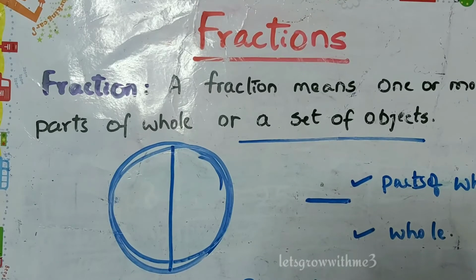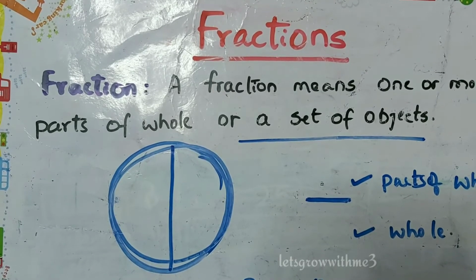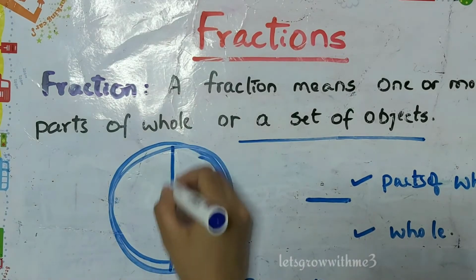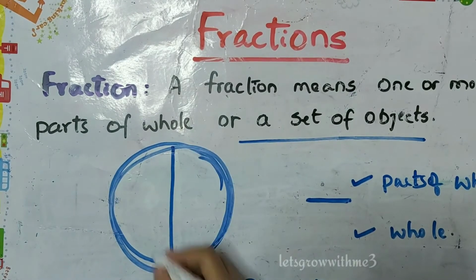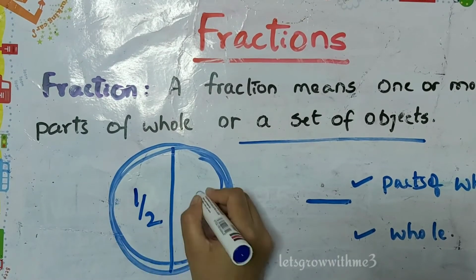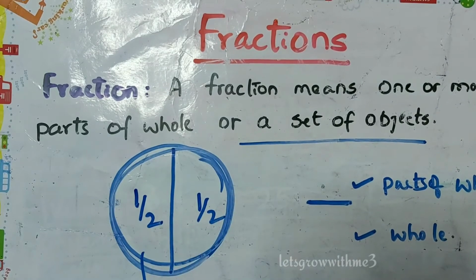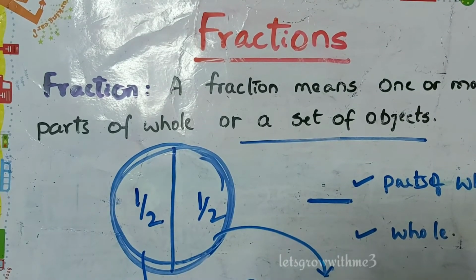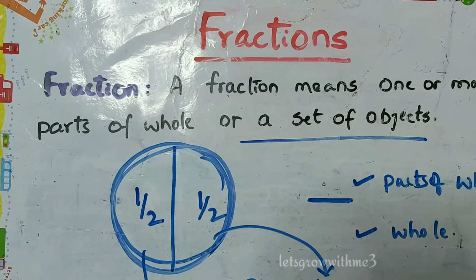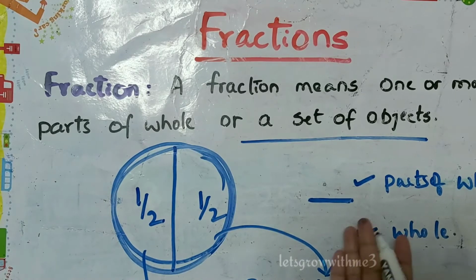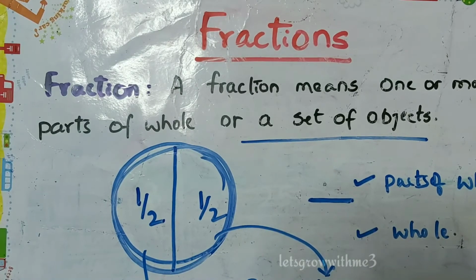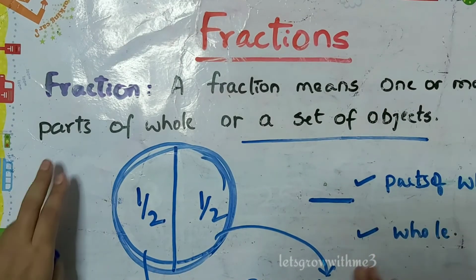Then the denominator is 2. Then what is the numerator? If they ask what's the share of each kid, then the value is 1 over 2, meaning out of two parts, one part we are sharing with each kid. This is called a fraction.